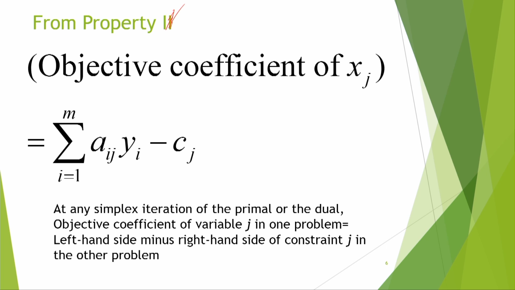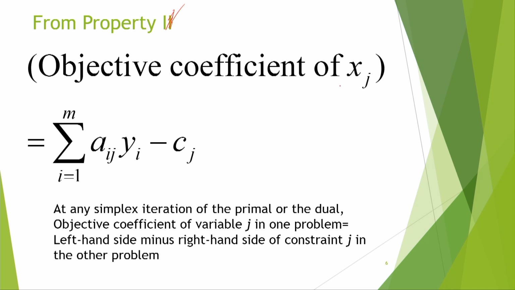So from property 1, the objective coefficient of xj is equal to sigma i = 1 to m of aij yi minus cj. Why? Because this property was given to you: at any simplex iteration of the primal or the dual, the objective coefficient of variable j in one problem is equal to the left hand side minus the right hand side of constraint j in the other problem.